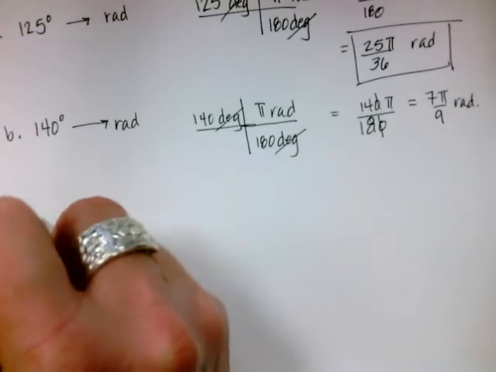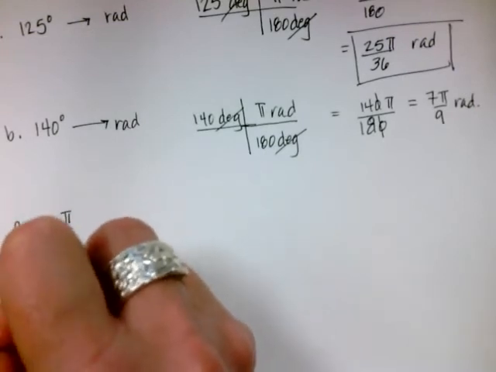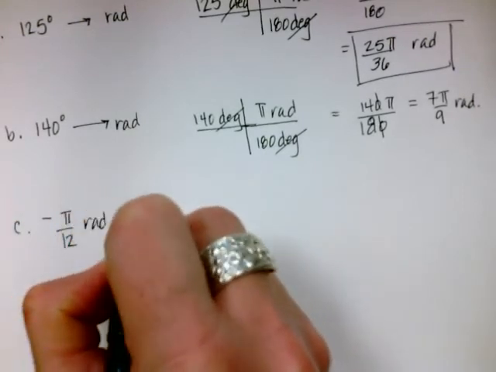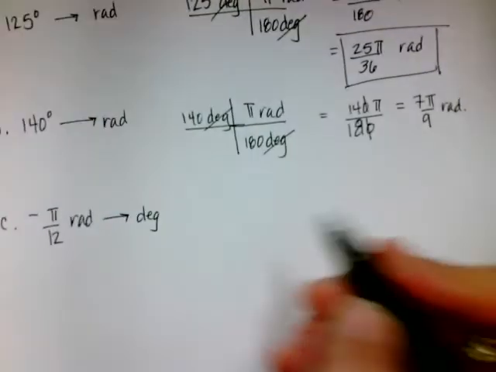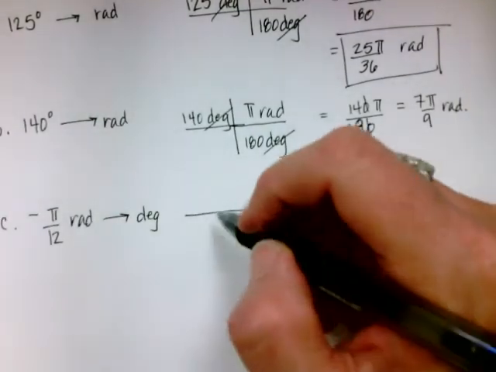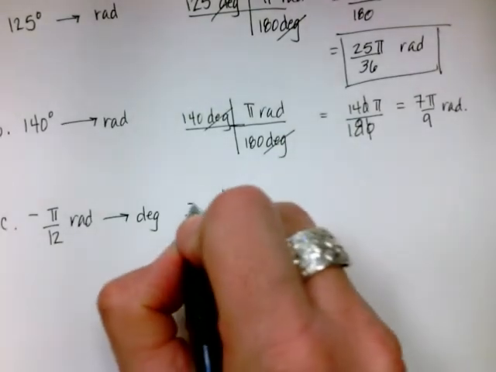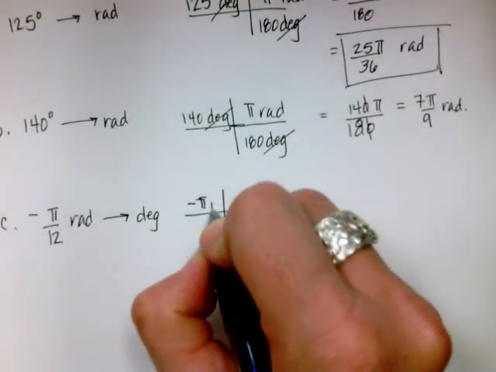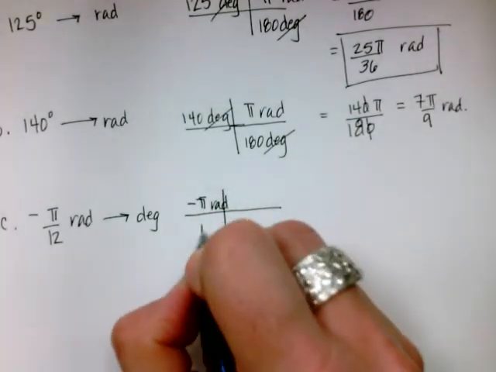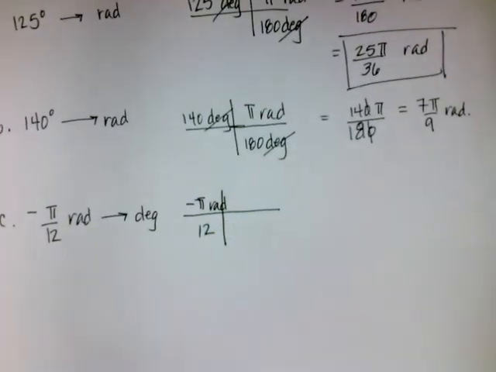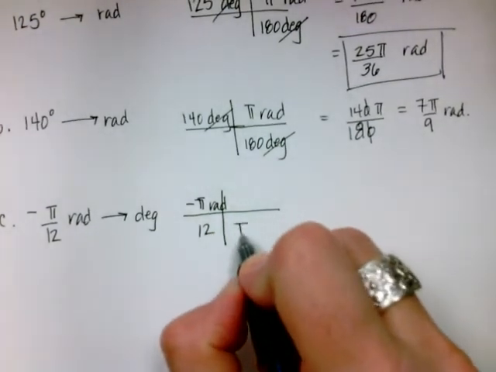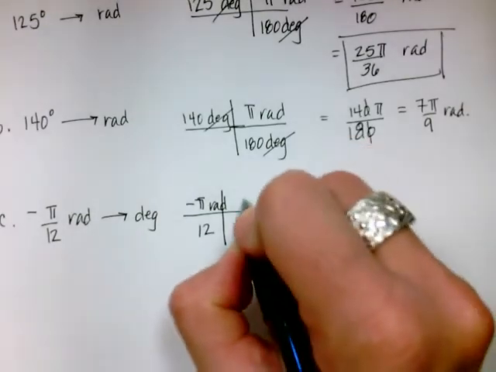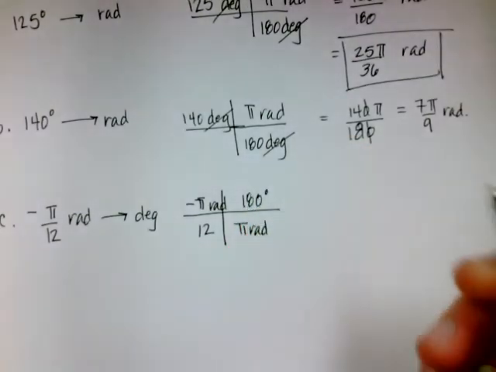My next example then is going to go the opposite direction. So now I'm going to have a negative pi over 12 radians, and I want to go to degrees. I'm going to start the same way, but because radians starts off as a fraction, here's the negative pi. I'm going to put my radians up there, and I'm going to put the 12 in the denominator. I know that there are pi radians in 180 degrees.